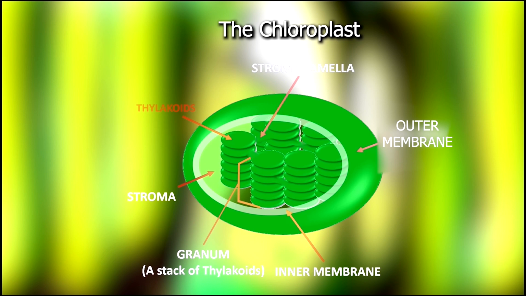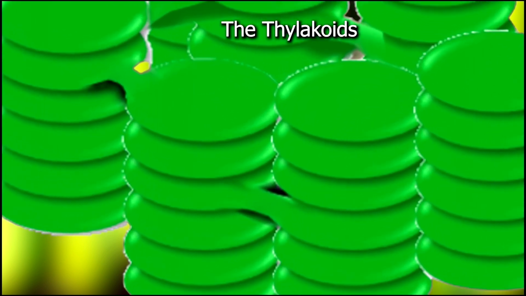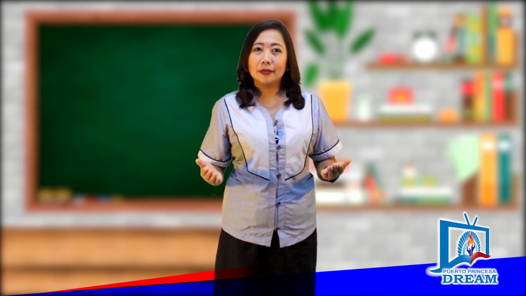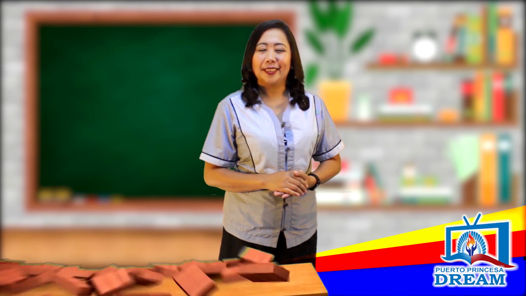The most significant parts are the thylakoids. These are cylindrical stalks of disc-like structures named grana. This is the main platform of the light-dependent reaction. Were you able to remember them all? Very good!